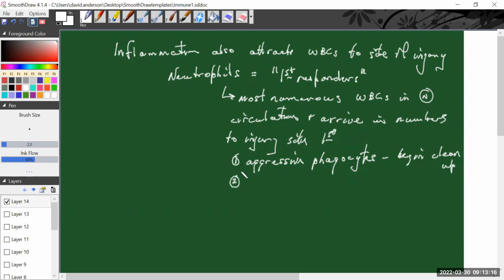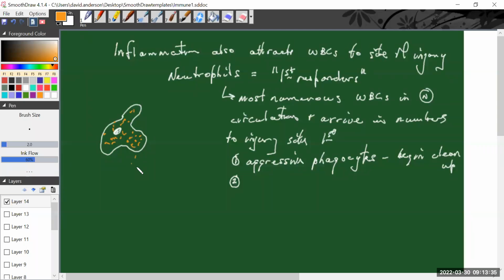is they release granules. They're a cell that kind of has a shape like that. There's a nucleus, and they're filled with granules. You'll see in the video on blood cells that they're called a granulocyte. They're a cell that has granules.